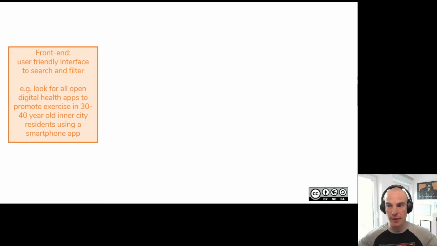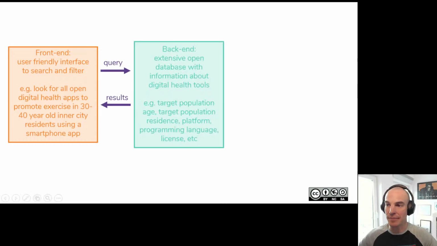We want to have an interface where people, professionals, maybe even end users, intermediates, researchers can find information on open digital health tools. Then of course the question is, if you want to start with something like that, how are you going to get to the information that needs to be in the database? Because of course to have this front end that people can search, you need to have some huge database on a server somewhere that has all the information.